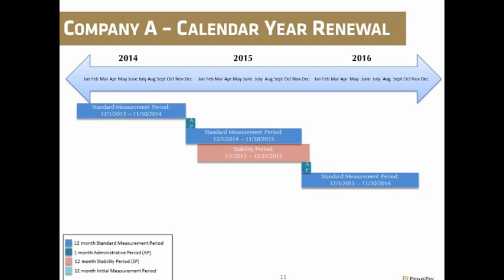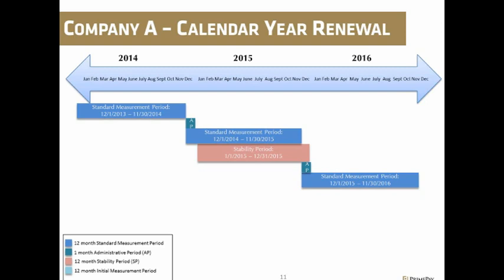It's always going to flow in the same months, in the same length of time. And since I had a 12-month standard measurement period, I have to have a 12-month stability period, because it has to be at least 6 months or no less than the standard measurement period.